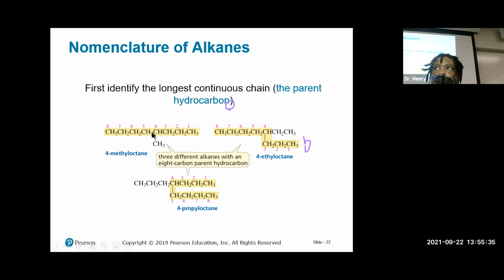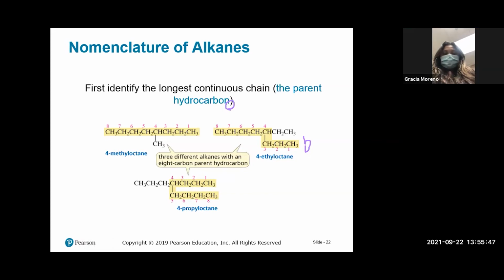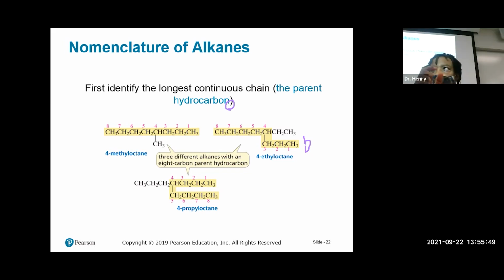So if we count it this way, then this would be on the 5th carbon. But if we count it this way, it's on the 4th carbon. Does that make sense? Okay. So always the lowest number system. We always want to make sure that we have the longest chain. So we're always going to end up with the longest chain.